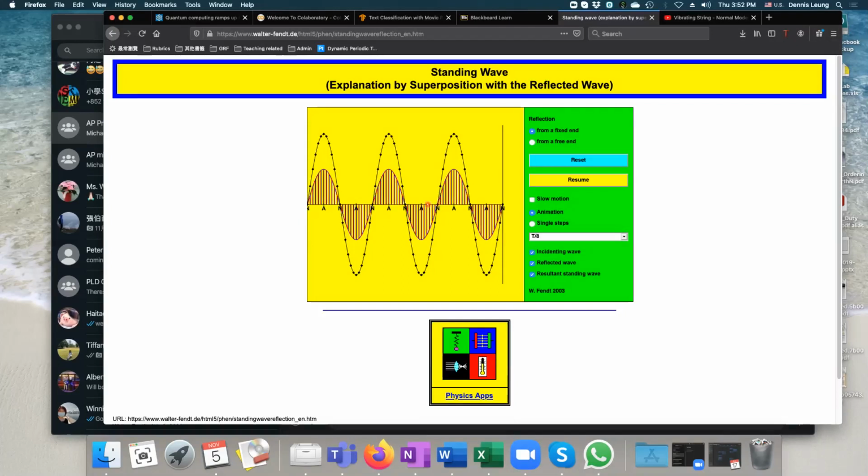Similarly, from this anti-node to this anti-node, it is half of a wavelength. So the distance between two nodes is half a wavelength, and the distance between two anti-nodes is half a wavelength. And this is the characteristic of the standing wave.